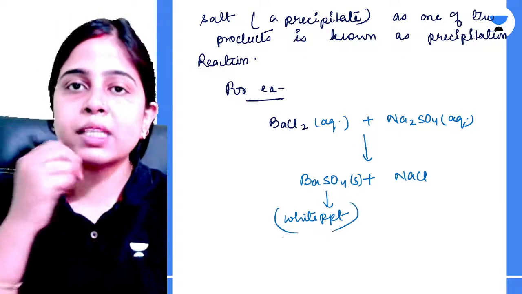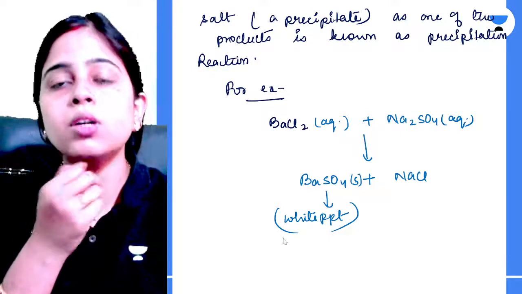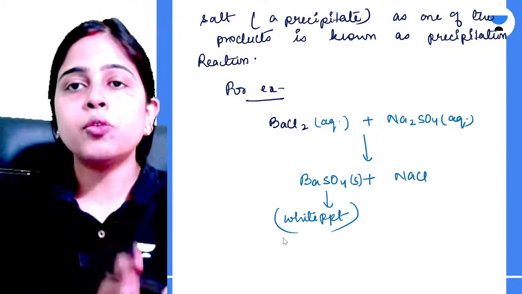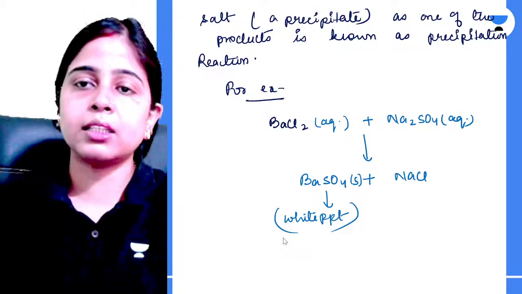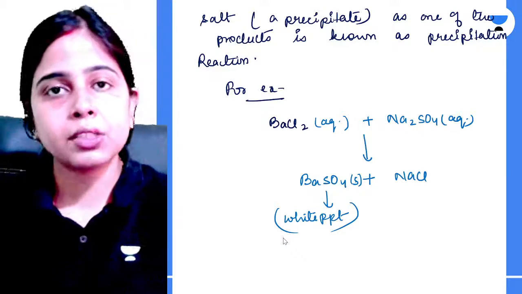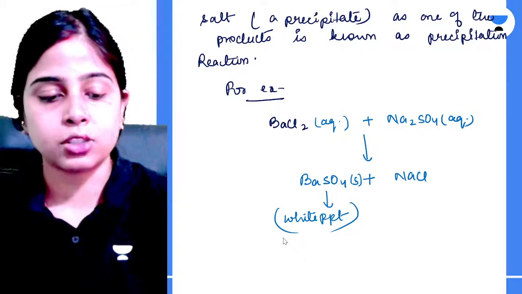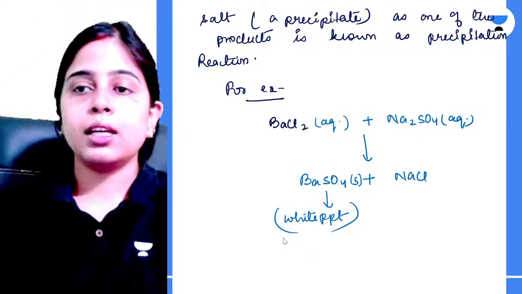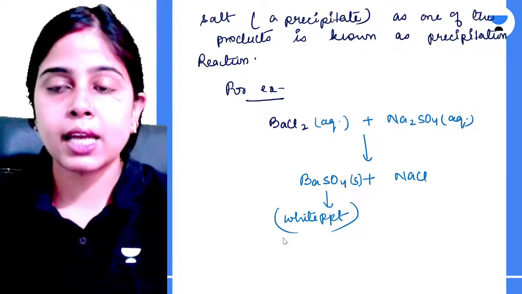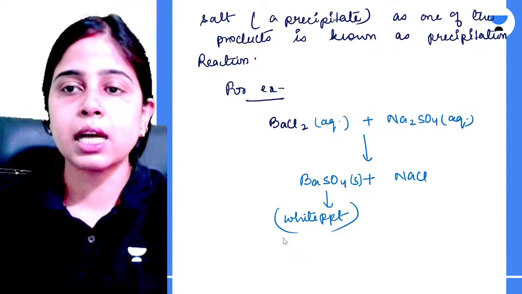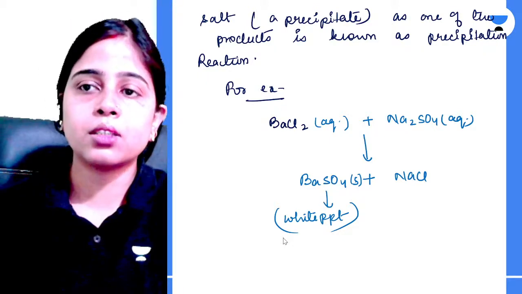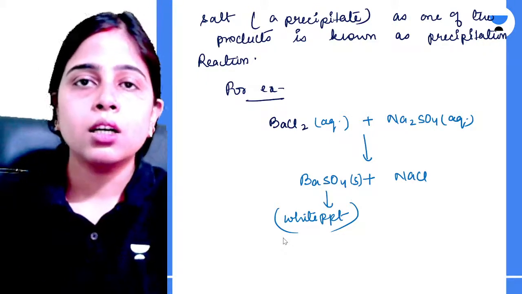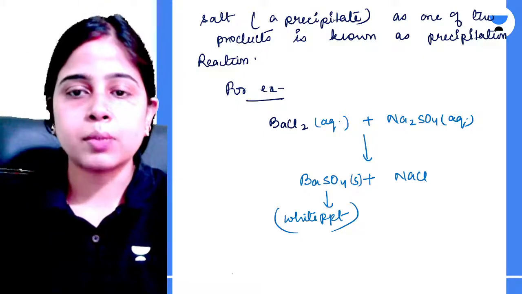So in double displacement reactions, whenever you see two compounds reacting together to form an insoluble salt, that is a precipitate, as one of the products, then please identify that reaction as a precipitation reaction. Clear? That is your precipitation reaction, where different colored precipitates are formed when two compounds react together in their aqueous form to give an insoluble salt, that is your precipitate.